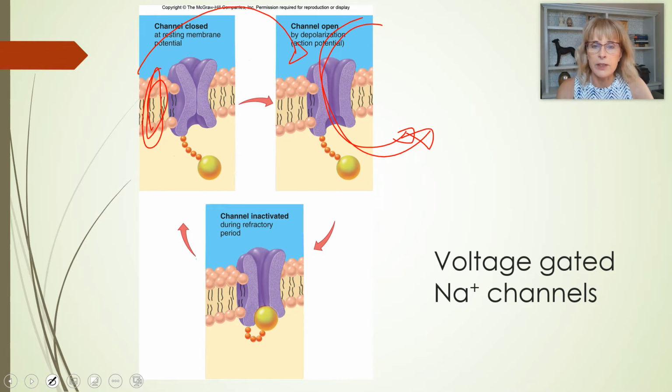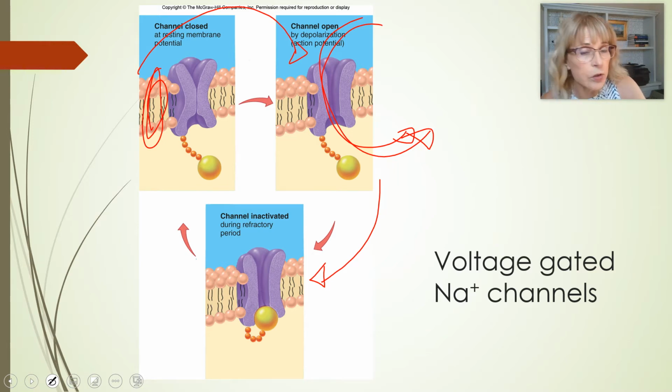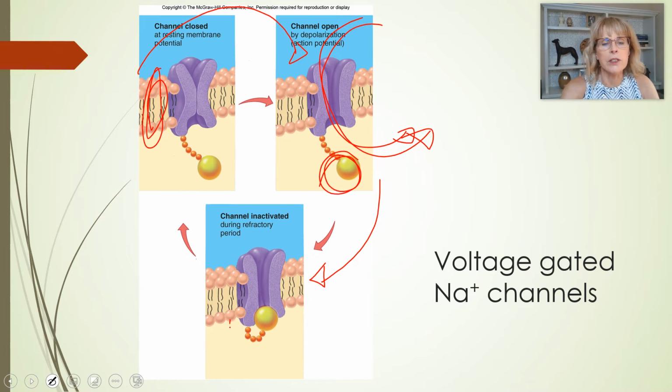After a short moment, this voltage-gated sodium channel goes into what's known as its refractory period, where it is not allowing sodium to go through, and it cannot be opened by voltage. So they show that this part of the protein is kind of like a little ball, and it just gums up the works.